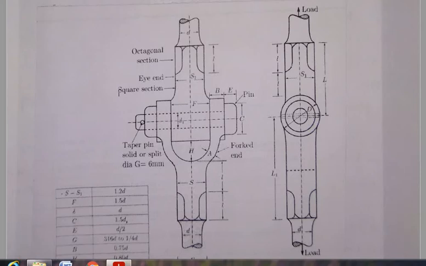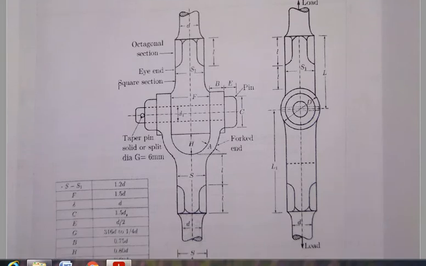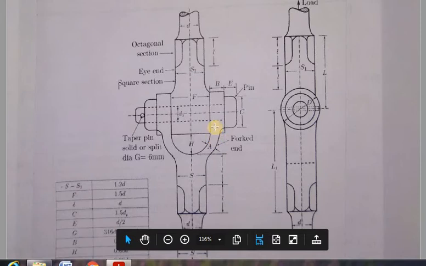In this figure you can see the knuckle joint. This is the forked end, and this is one end of the rod, and this is the eye end.